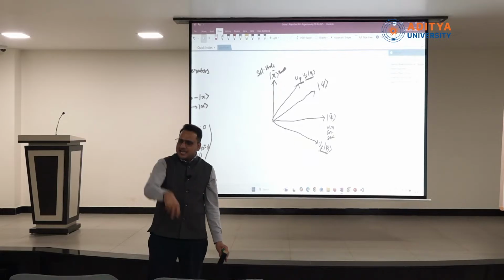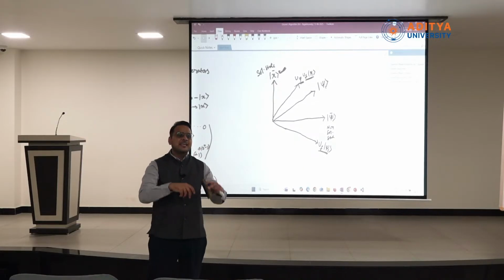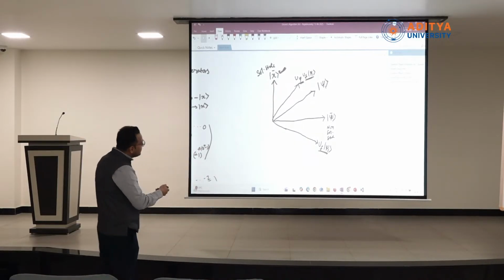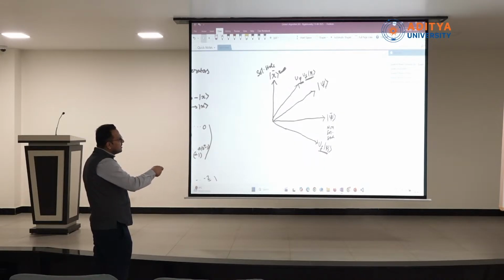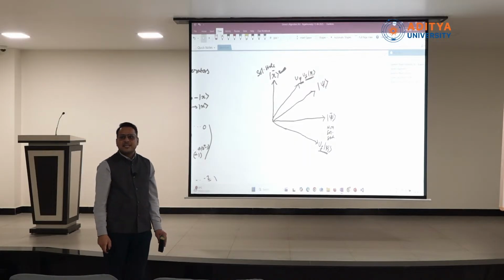But when you apply the Hadamard, it creates a uniform superposition, with a certain angle. Getting my point? So this uniform superposition state contains the solution state as well as non-solution states, all with a certain angle.